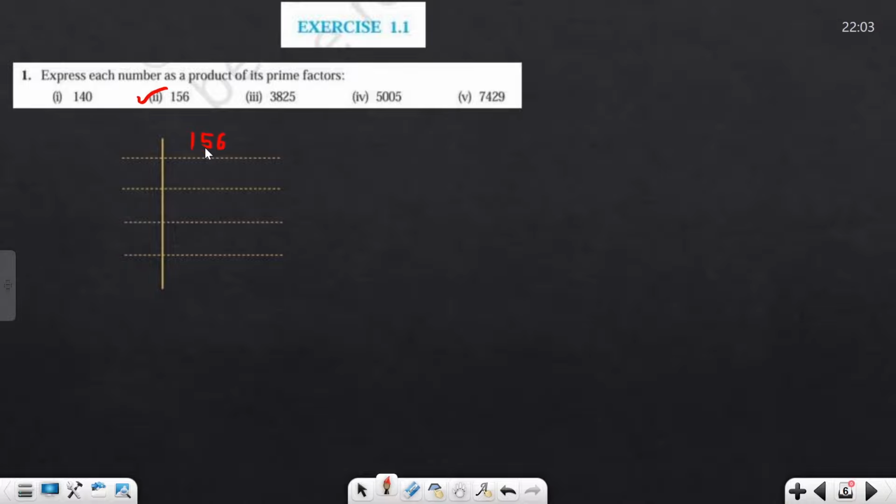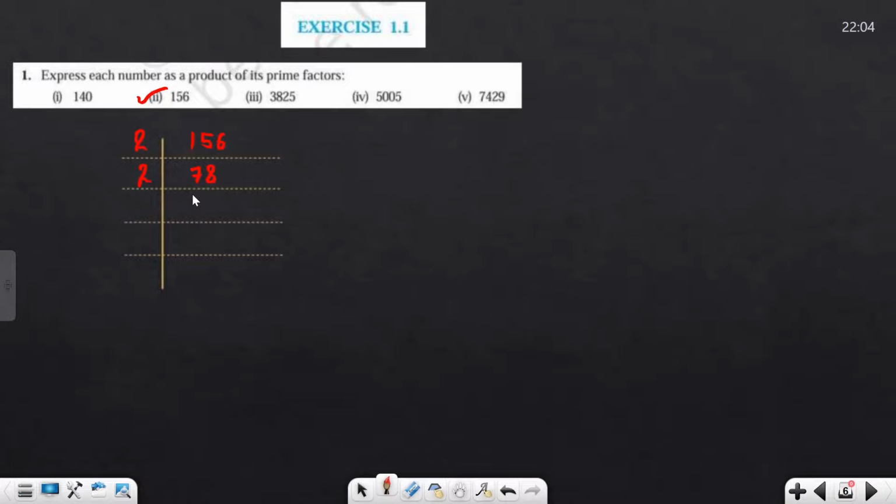Now again we try only prime factors, prime numbers. Never use 4 or 6 here, 4 and 6 are not prime numbers. So 2 divides, because the unit digit 6 is divisible by 2, it means the whole number is divisible by 2. 2 sevens are 14, 2 eights are 16, so 78 times 2 is 156.